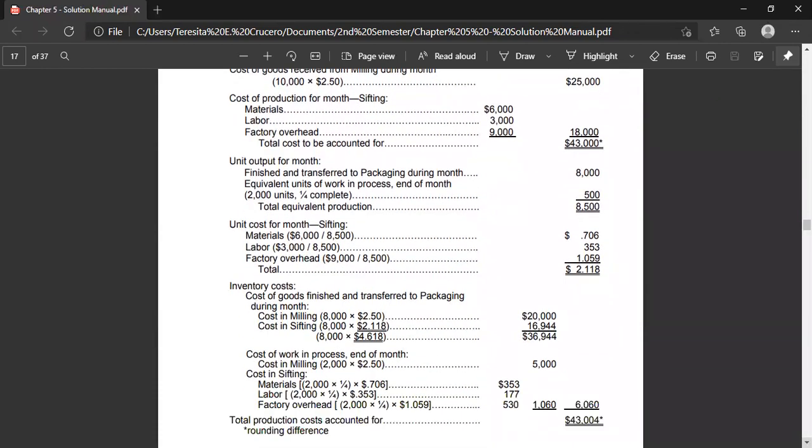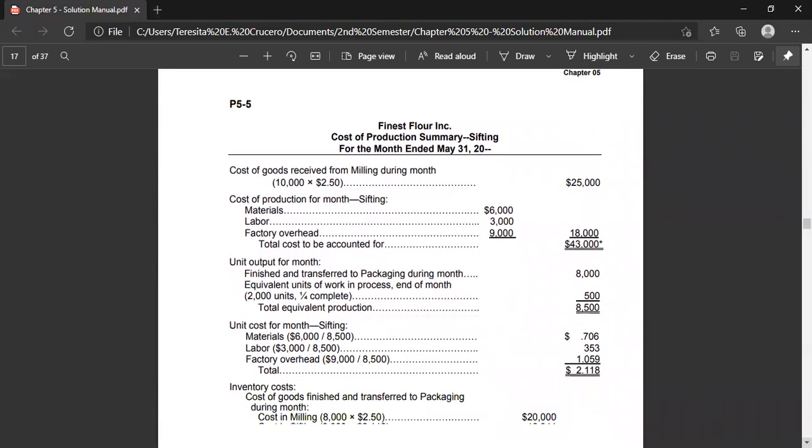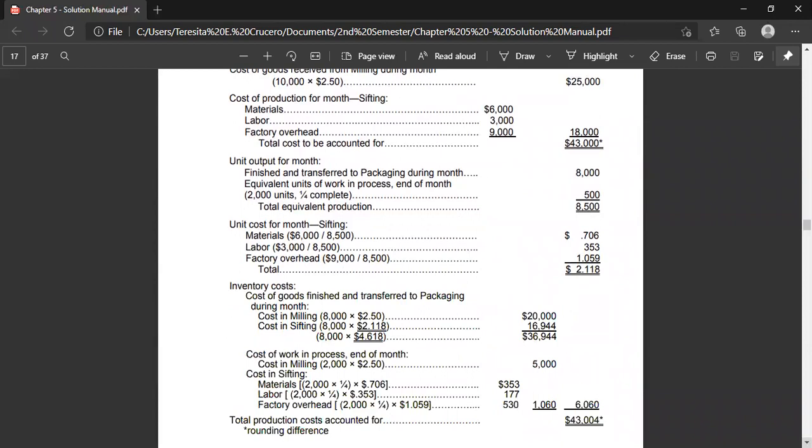So we have 9 and we have to multiply here for the inventory cost. Cost of goods finished and transferred to packaging, we have the 8,000. This one, the 8,000 units. Then you multiply that in the milling department.